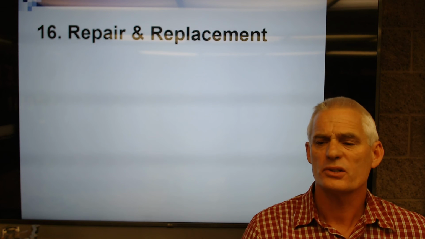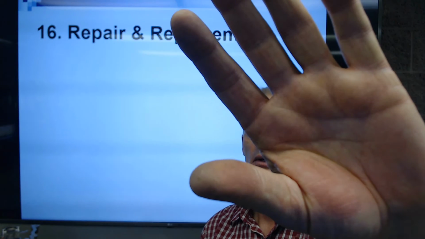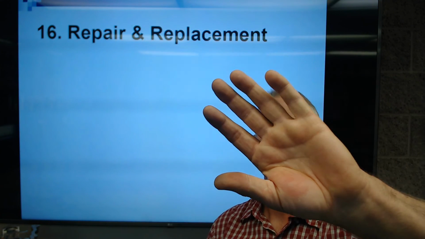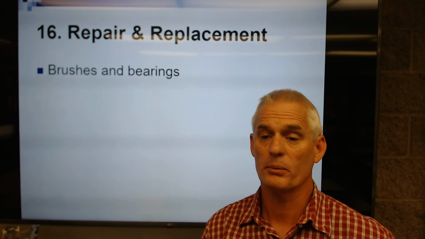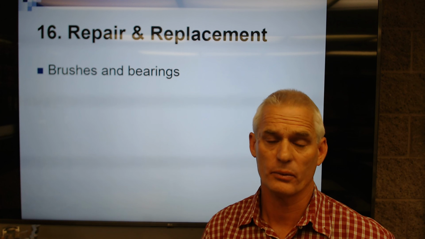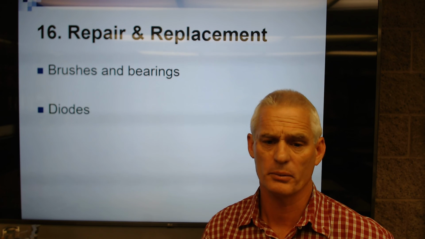So just a little bit about repair and replacement. Most of the time on modern cars, we are replacing with a rebuilt alternator. But the brushes are wearable, replaceable parts. The bearings are replaceable and repairable parts.